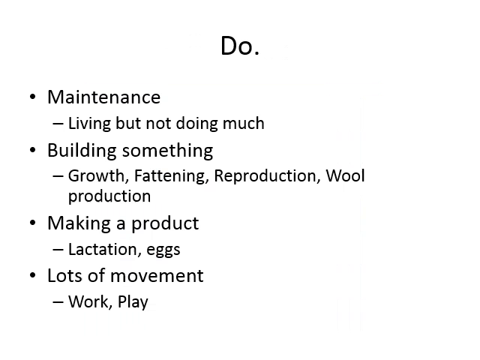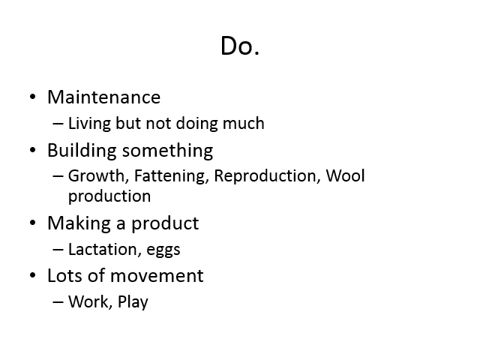We're going to have 4 different categories that we're going to talk about. We're going to talk about maintenance, which is basically living and not doing much else. And then we're going to add other things to it. So building something, whether the animal's growing, fattening, reproducing, making wool, we're adding biological tissue in some way, shape, or form to the body.